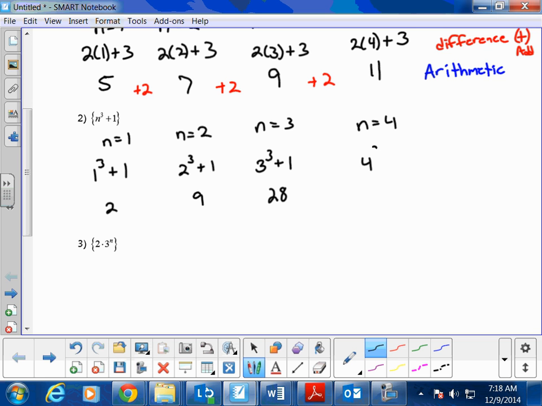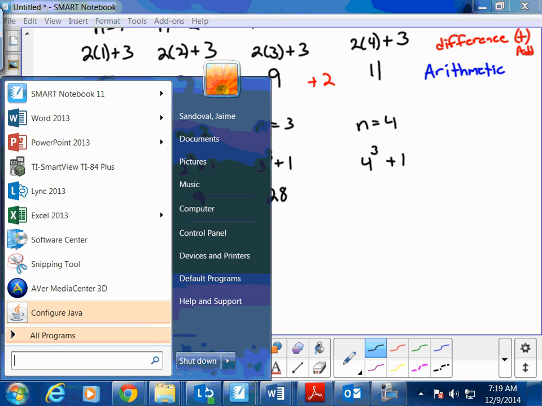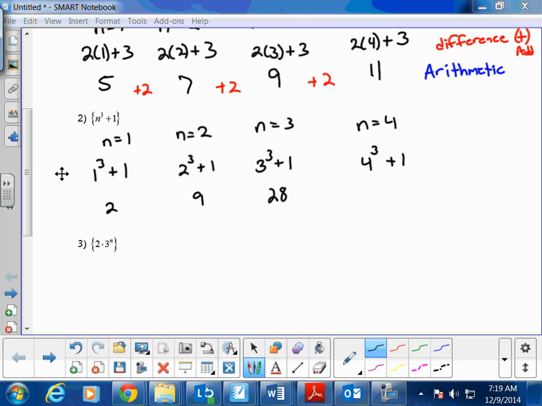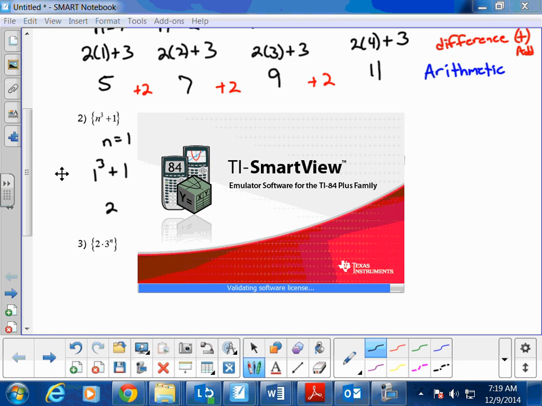That means we have 4 cubed plus 1. For this 4 cubed, I kind of want to say that's 16 times 16, which would be 256, but I'd rather use my calculator instead of guessing, because I want to make sure I know exactly what the right answer is.